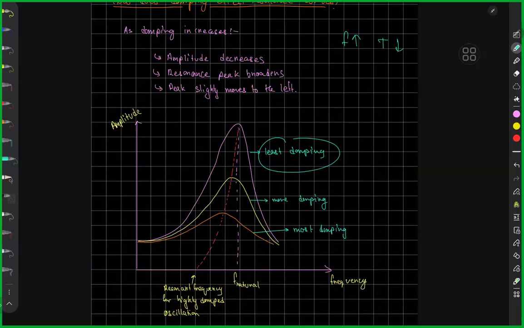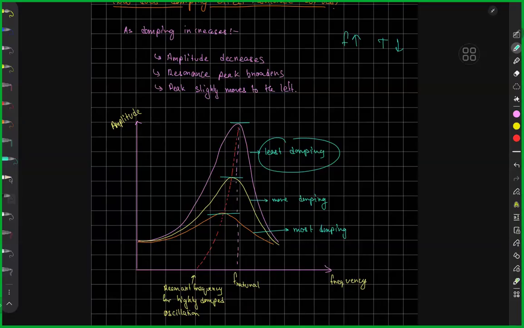What happens in that case is, any amount of damping introduced, the peak amplitude will reduce. It starts decreasing. Okay. So whenever you introduce some amount of damping, your amplitude starts decreasing.